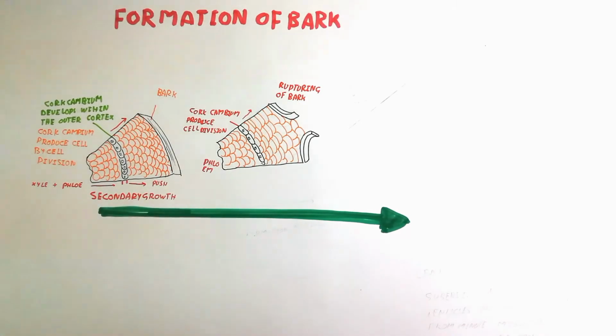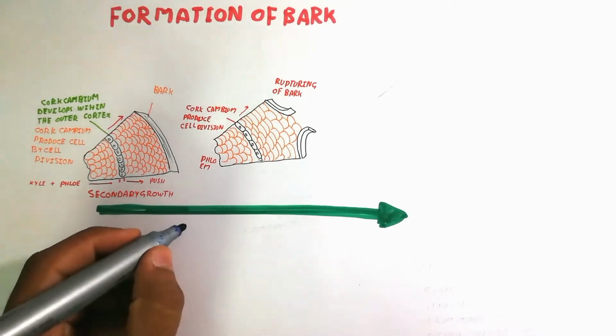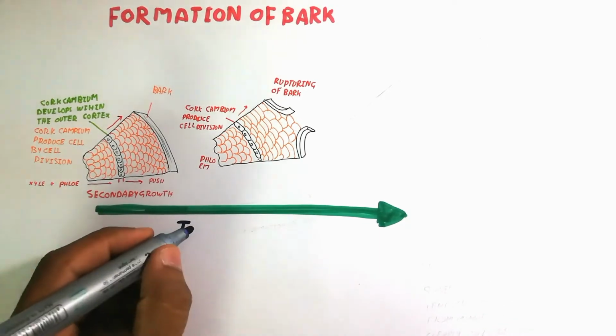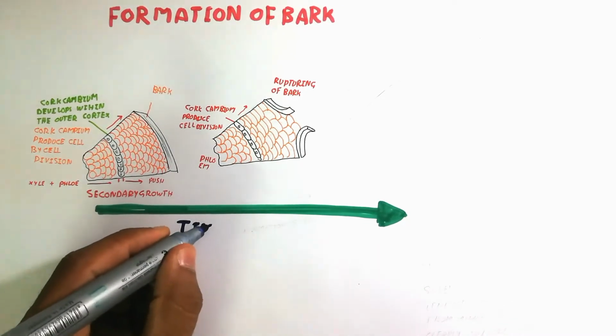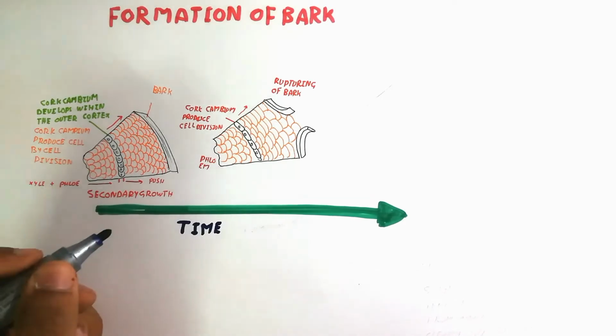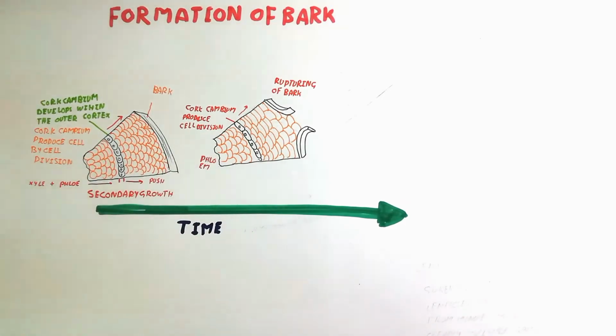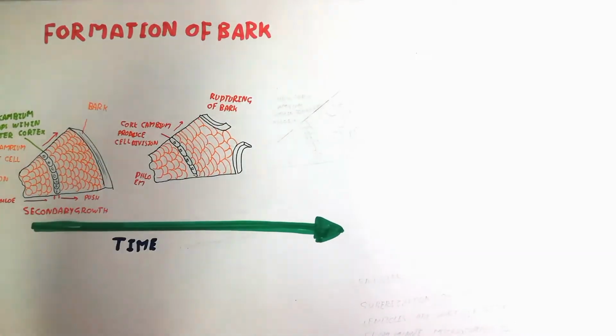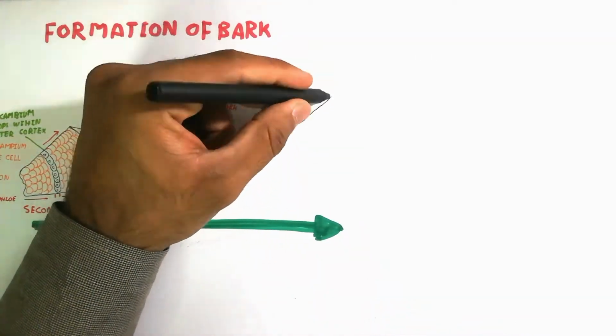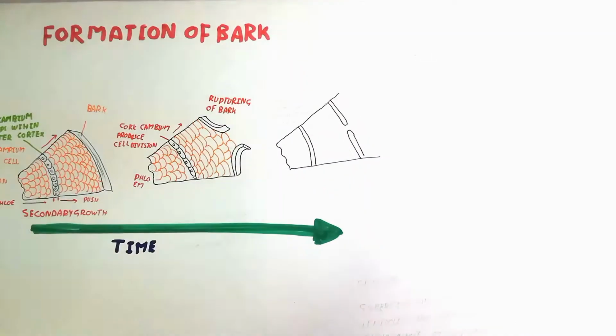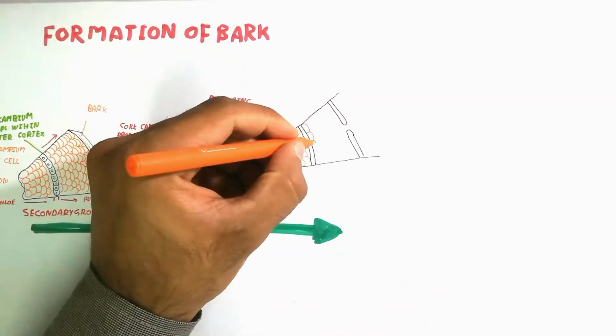After some time, the annual ring will be produced by the activity of the cork cambium. A new cork cambium will arise from inside as compared to outside, and the outside will become older, and the inside will be new and younger.